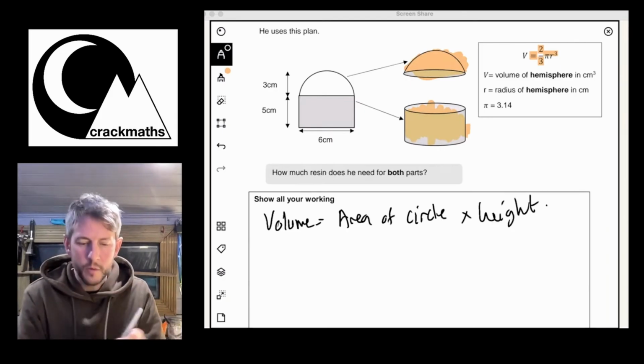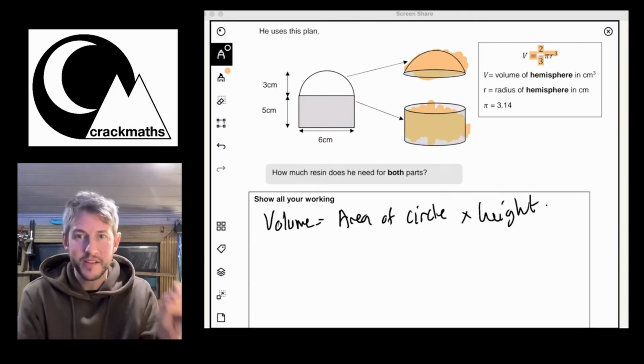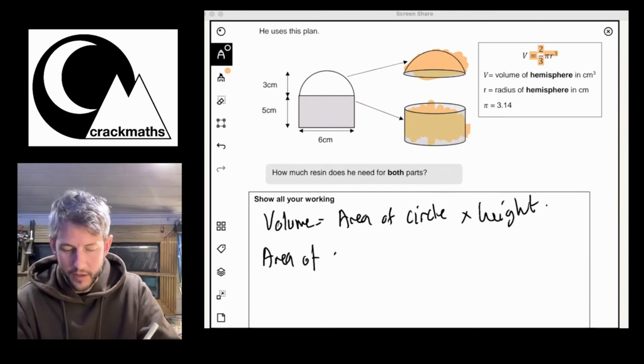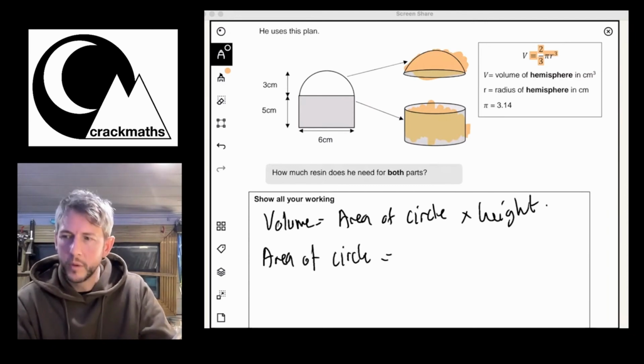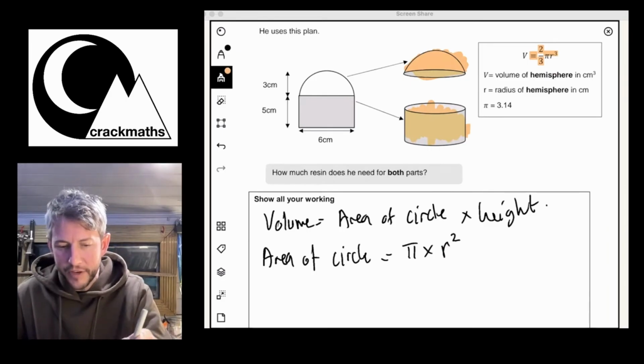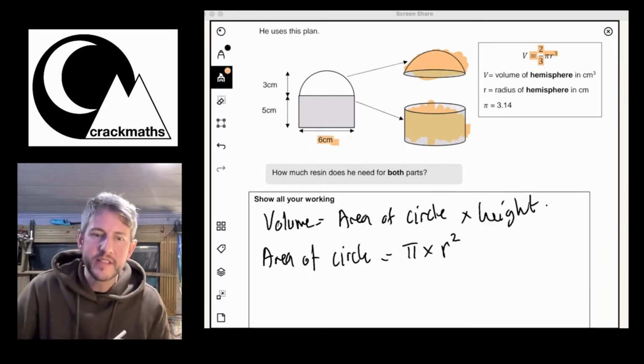Okay, so again though, we need to actually know the formula for the area of a circle. So area of a circle equals pi times radius squared. Now in this question they haven't given us the radius, but they have given us the diameter.